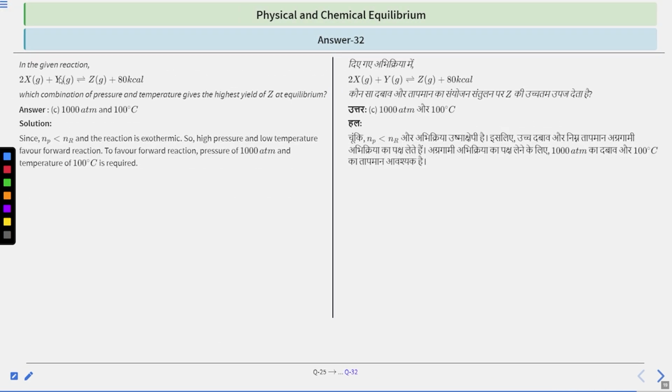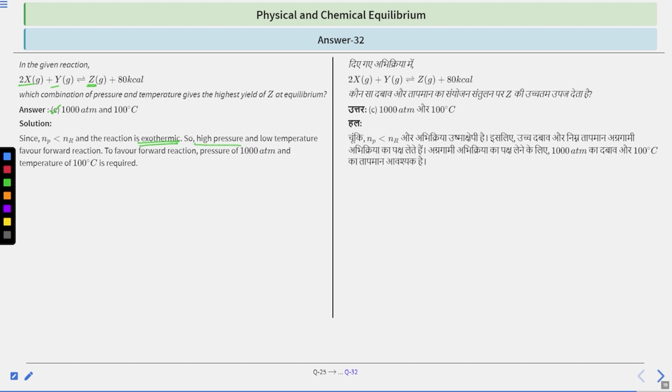Okay, so the correct answer is option C, that is, 1000 atmosphere and 100 degrees Celsius. The moles of product are fewer than the moles of reactant: here it is only 1 on the product side, and here it is 2 plus 1, which is 3, on the reactant side. So moles on the product side are less than on the reactant side, and the reaction is exothermic because 80 kilocalorie energy is released.